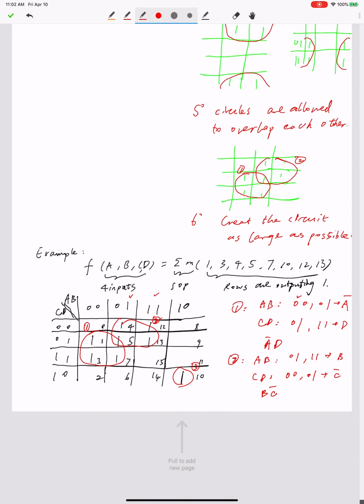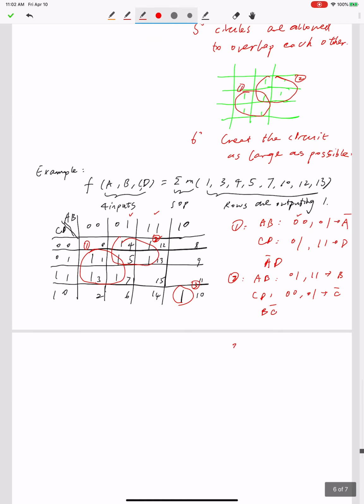And for the last circle, circle number 3, AB is 1, 0. CD is 1, 0. Okay, and you see for ABCD, there's no changing variable. Both AB and CD are unchanged, which means A is 1, B is 0, so that's AB bar.